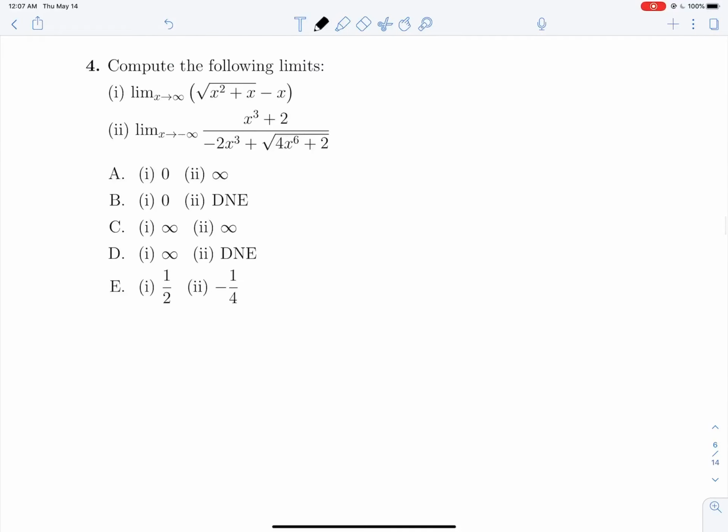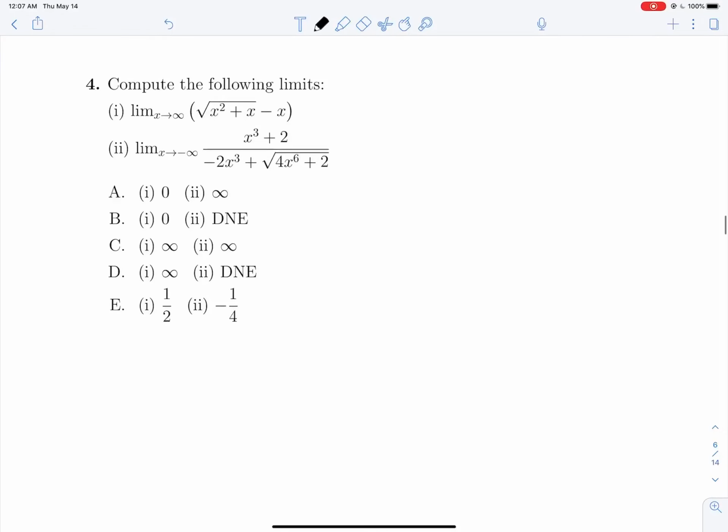Question 4, compute the following limits. Okay, so with number 1, we're going to do the same thing that we did earlier and multiply by its conjugate on the top and the bottom, even though you can't really see the bottom, but we do have a denominator of 1 here.